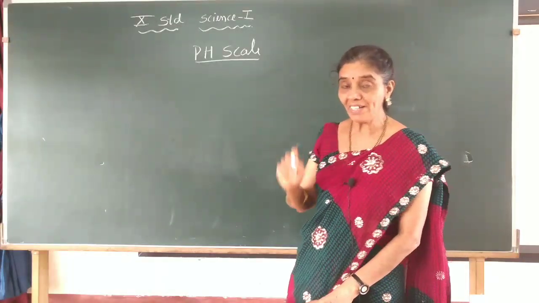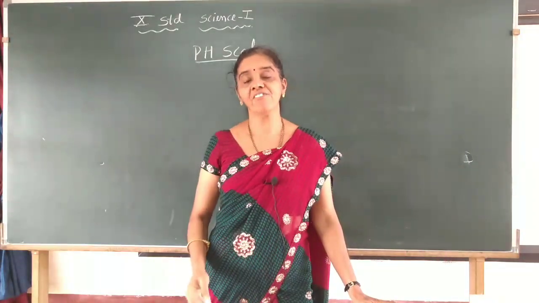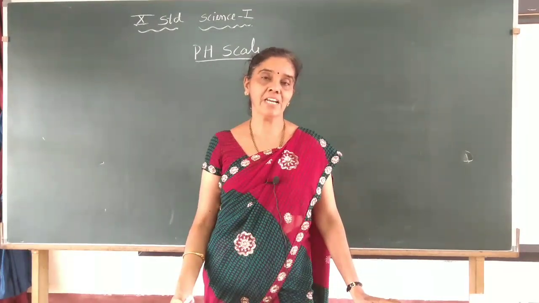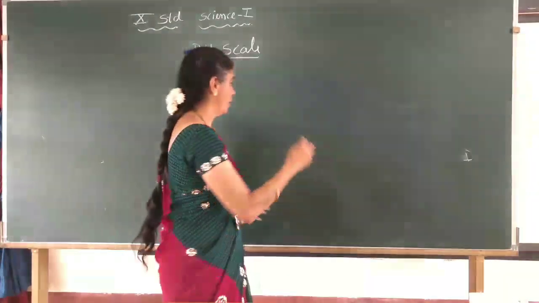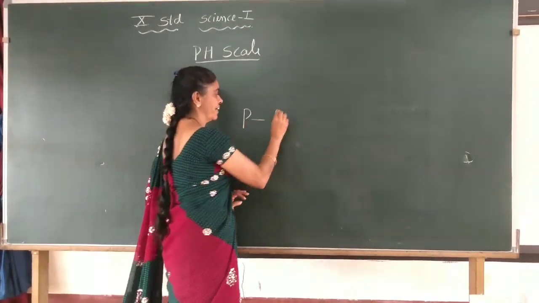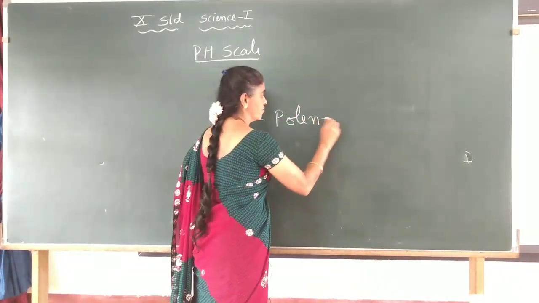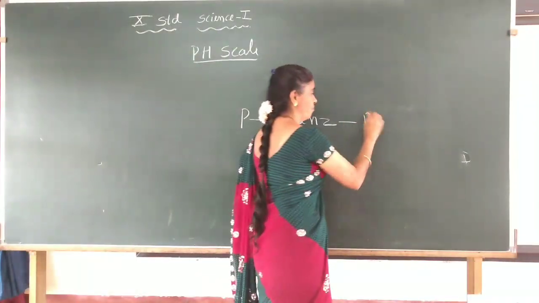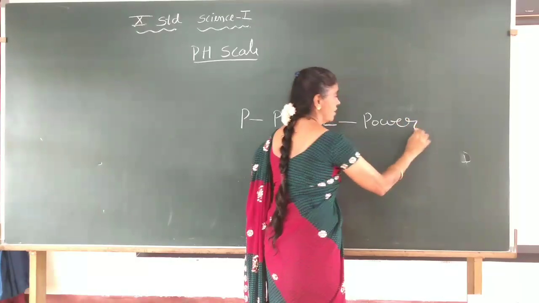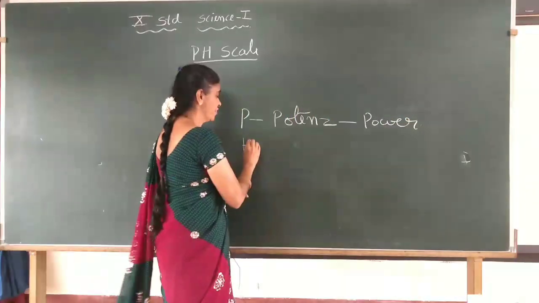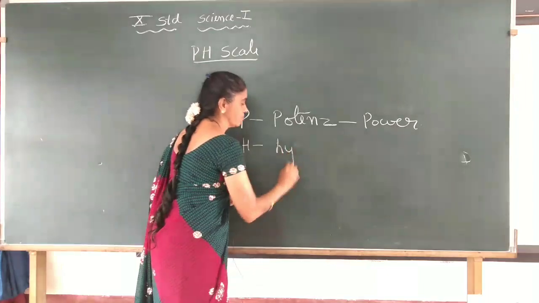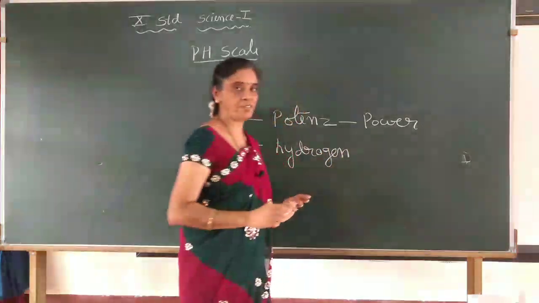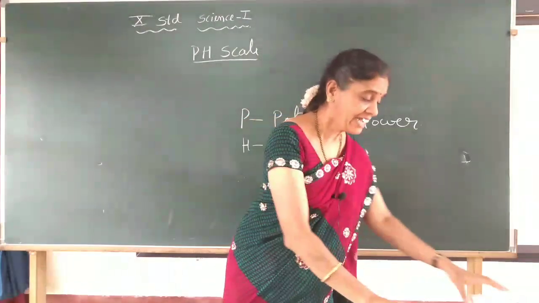Now the pH scale is a scale where the concentration of the hydrogen ion can be found out. P stands for potence. In German, it means power, the strength, and H stands for hydrogen ions. Now, what does it have?